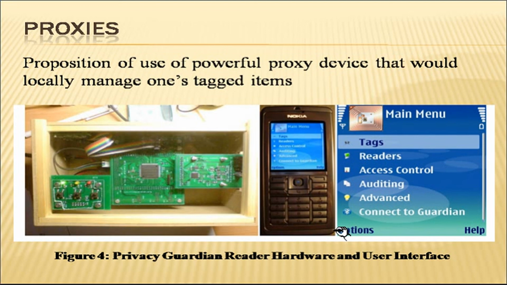The Privacy Guardian works similar to a blocker tag, jamming the channel whenever a third party reader attempts to access a protected tag. Now this only works, however, for a particular set of RFID protocols in which tag replies are deterministic, that is where their UIDs determine when they will reply to a reader inquiry.